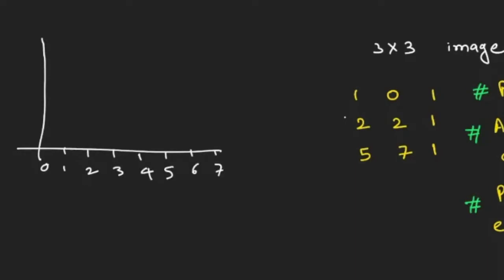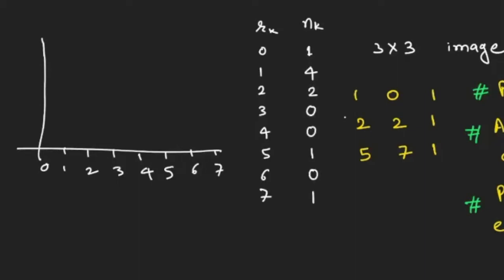So here first we will write RK, and instead of PK we can just write NK. So 0 is coming just one time, 1 is coming 4 times, 2 is 2, 3 is 0, 4 is 0, 5 is 1, 6 is 0, 7 is 1.